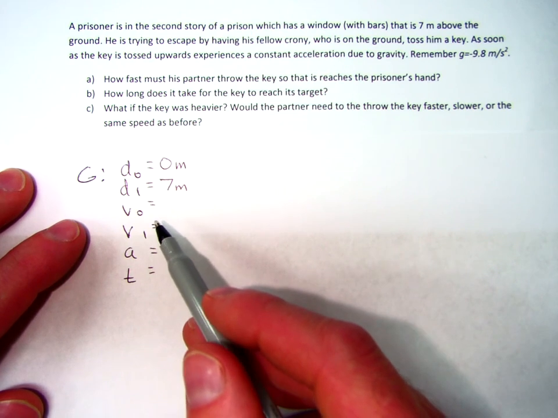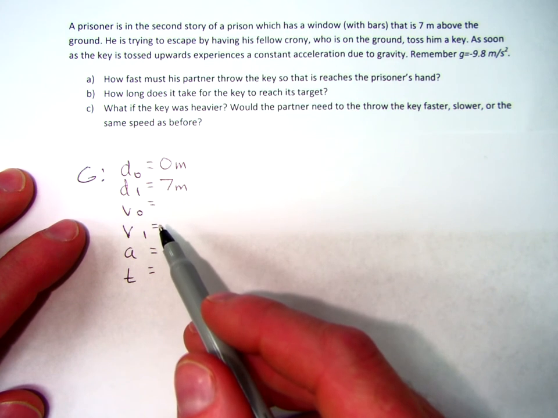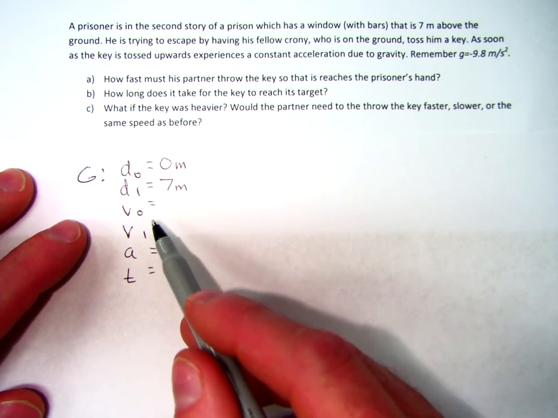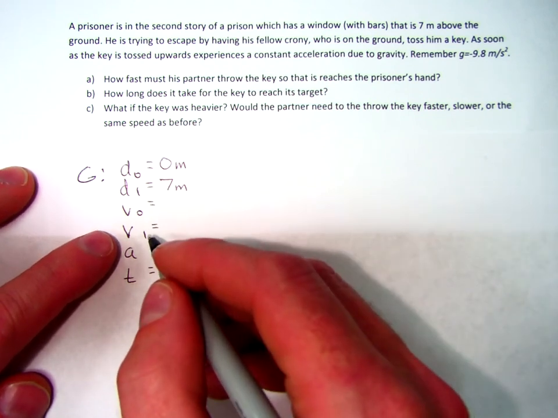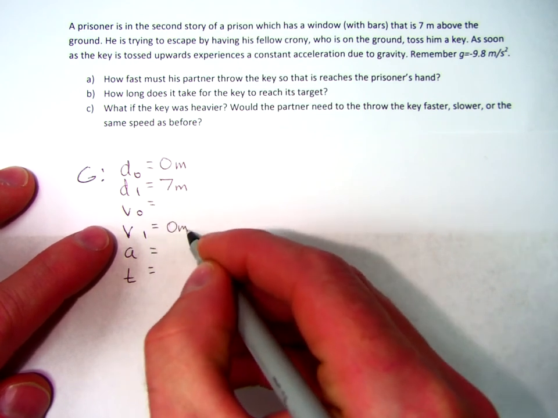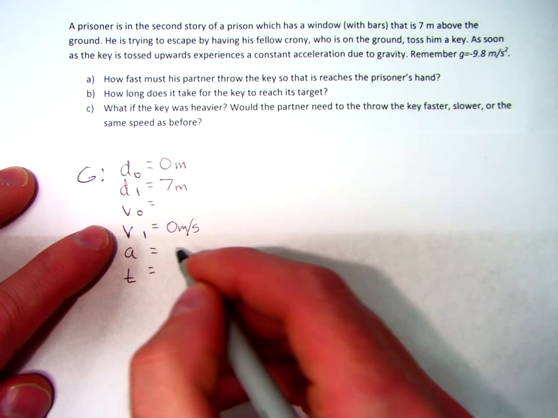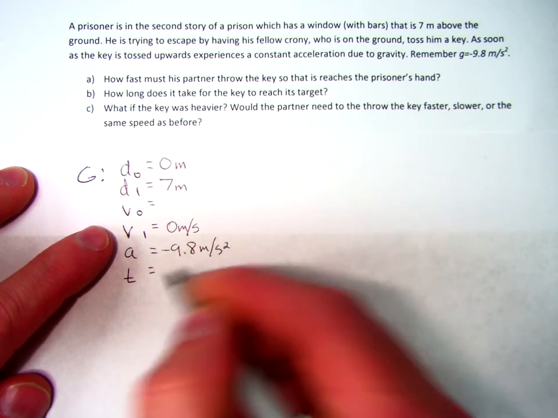The key is flying upward and it's experiencing a pull of gravity downward. So the initial velocity we don't know. The final velocity when it gets to the window should be 0. The acceleration is negative 9.8 meters per second squared, and we don't know what time.